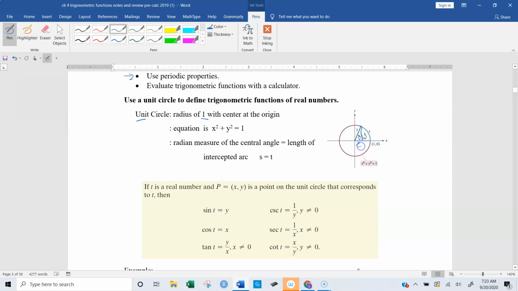So x squared plus y squared equals 1 is really a squared plus b squared equals c squared. Nothing fancy here. All right, so the radian measure of a central angle equals the length of intercepted arc. So remember this right here, this radian measure is the same as s out here is what that's telling you.